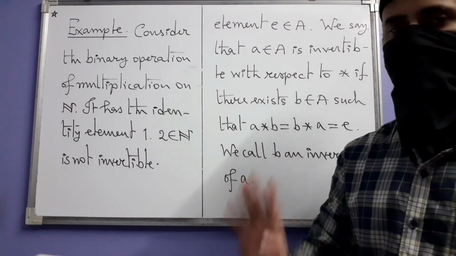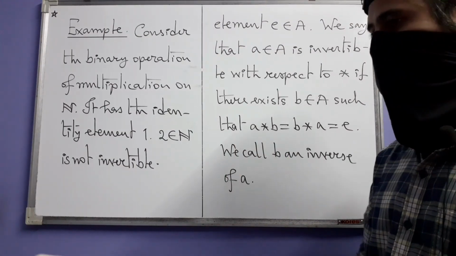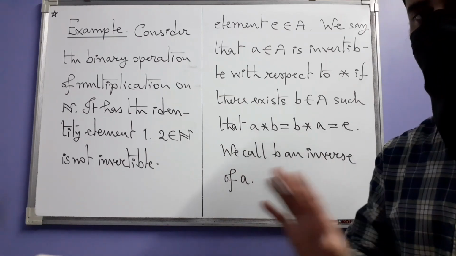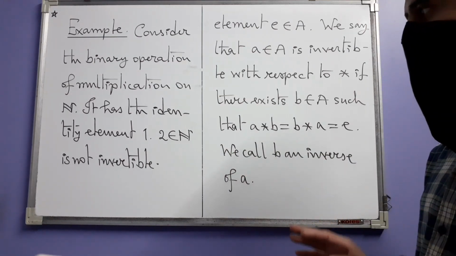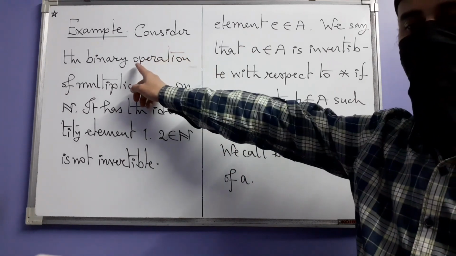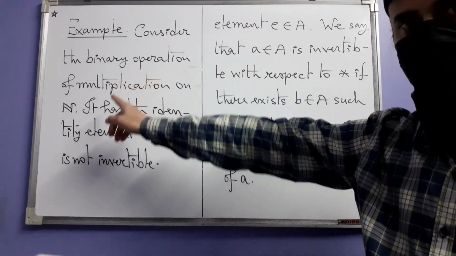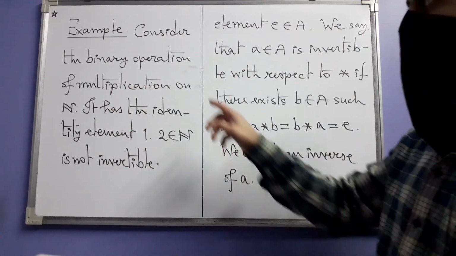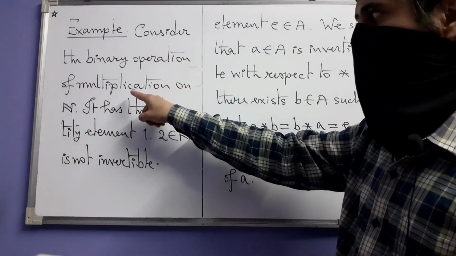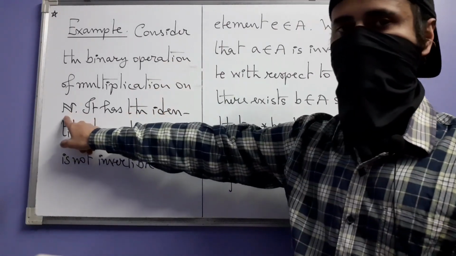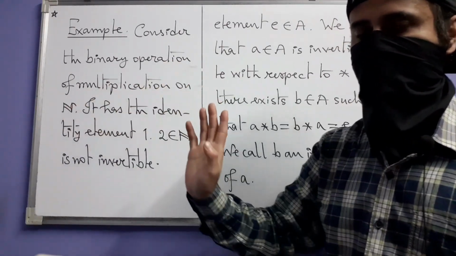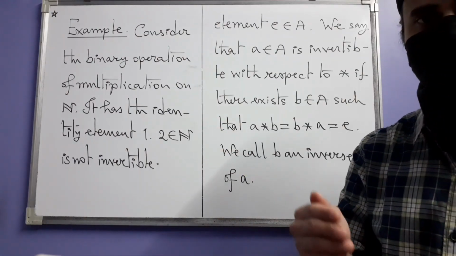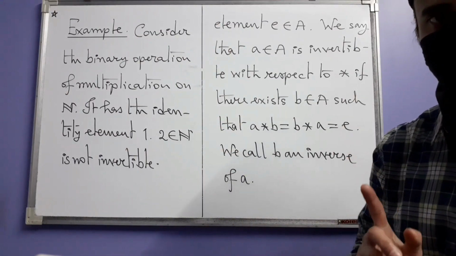Let's consider another example. Here things will change drastically. It will be quite different from what we saw just now for multiplication and real numbers. We are again considering multiplication, but this time on the set of natural numbers. It is a binary operation, because if you multiply two natural numbers, you get a unique natural number.